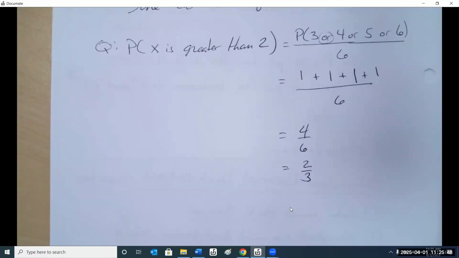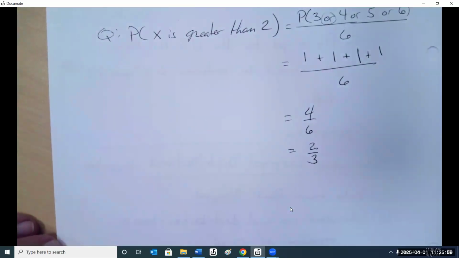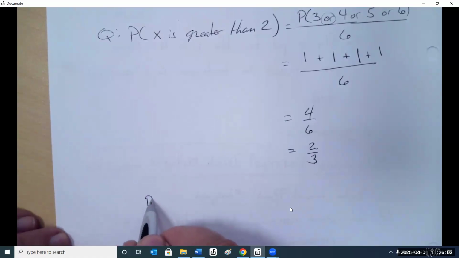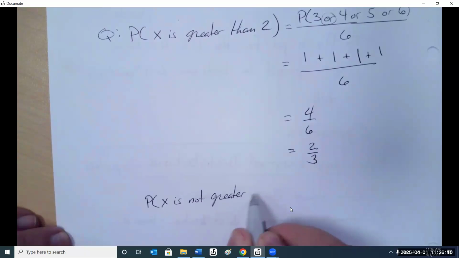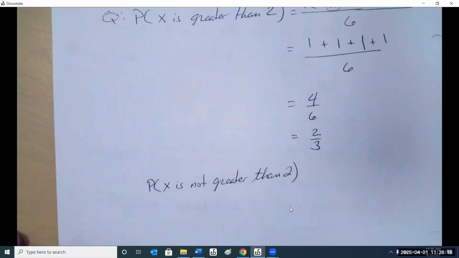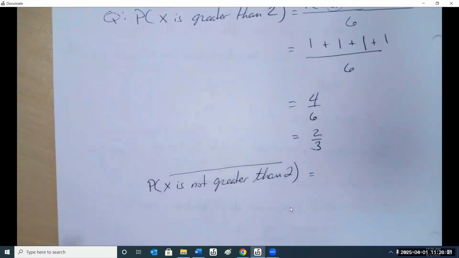Is there another way we could figure that out? We want a number bigger than 2. What don't we want? We don't want X not greater than 2. This is the negation, the not value.